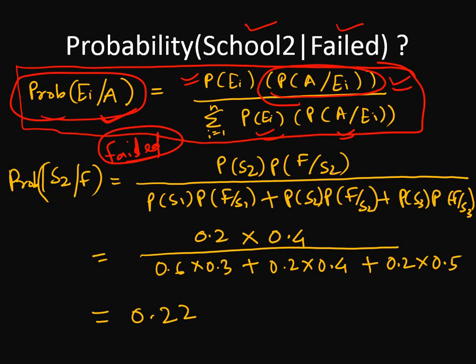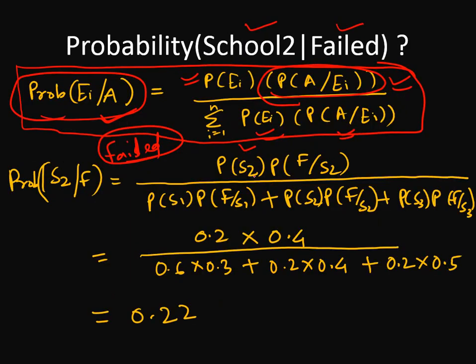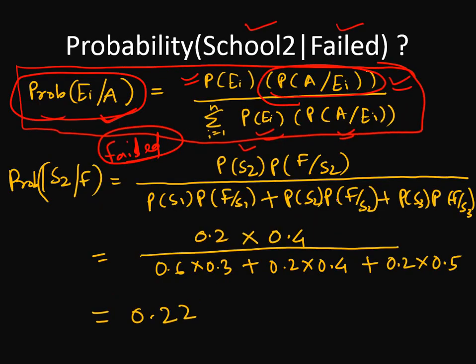S2 means school 2, right? We have these values in the previous slide: probability of S1, S2, and probability of S3. So probability of S2 and the probability of F, that means failed, given S2. That's also given. Probability of F given S2 is 0.4, right? So all this information is given.